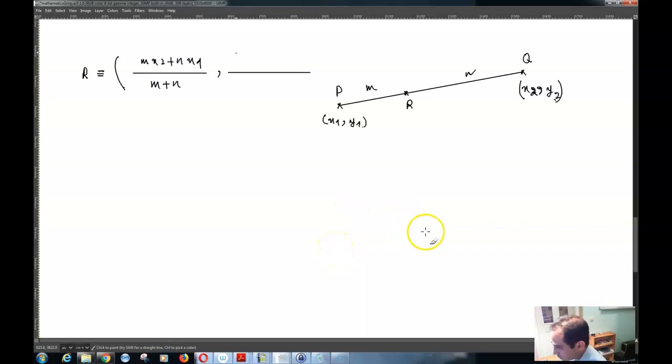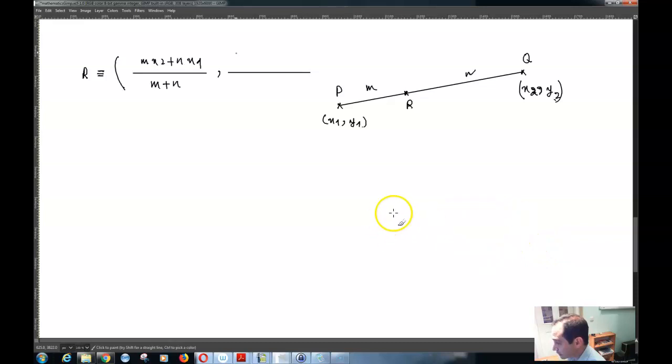And here we technically say that C externally divides AB in the ratio 3:1.